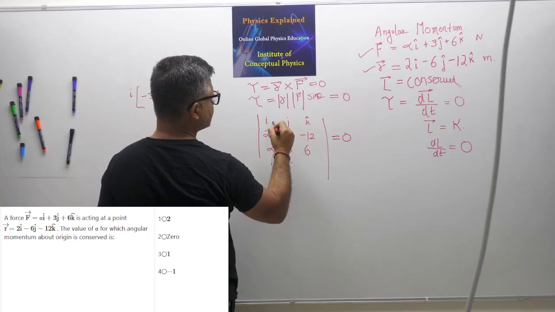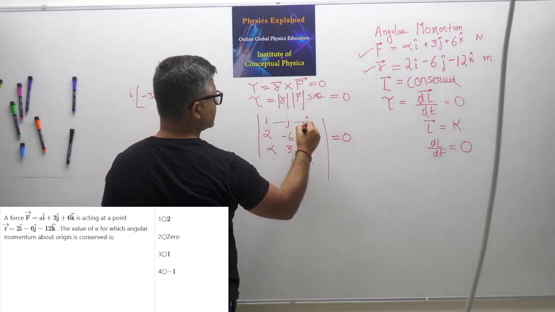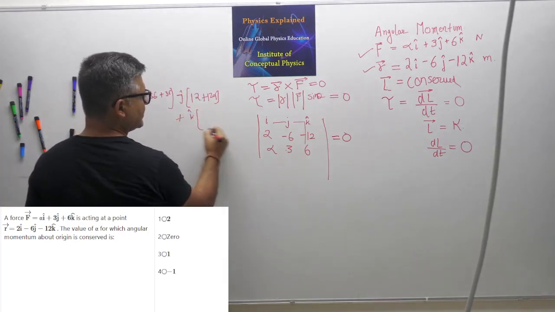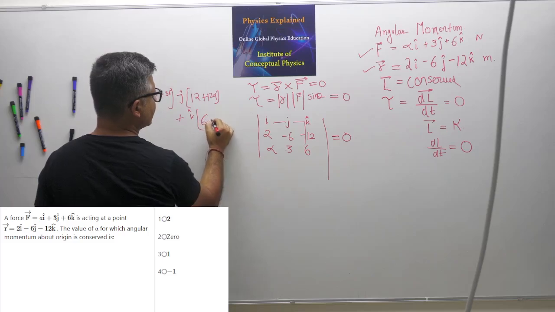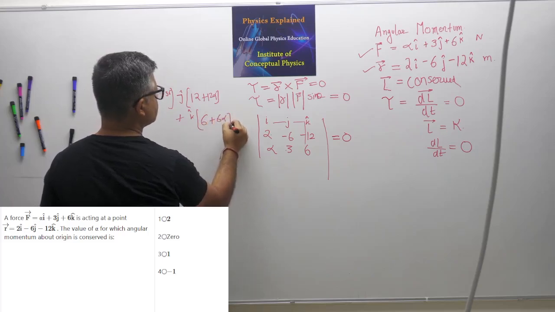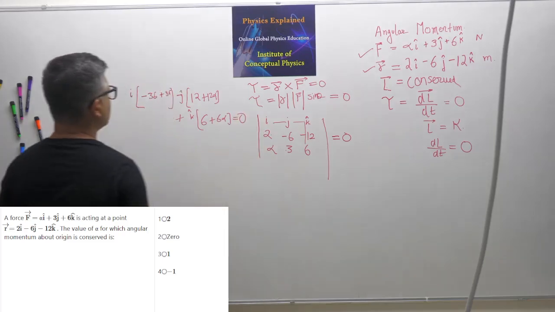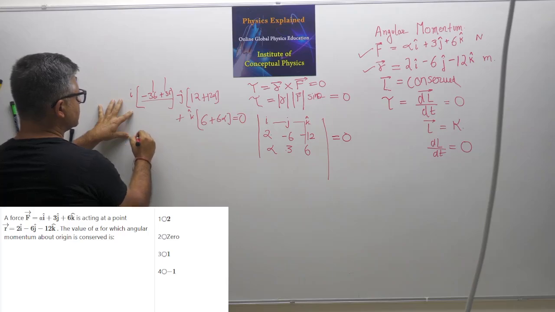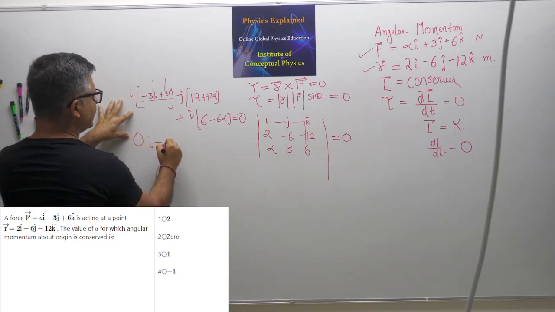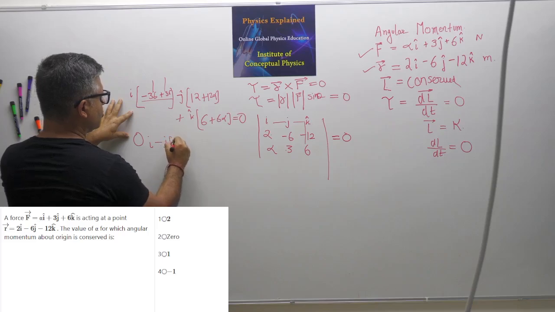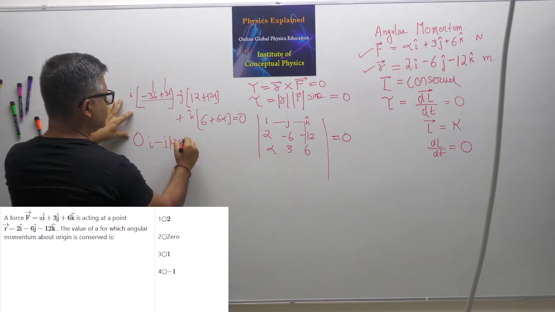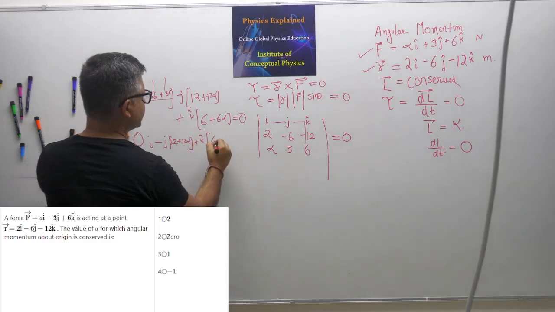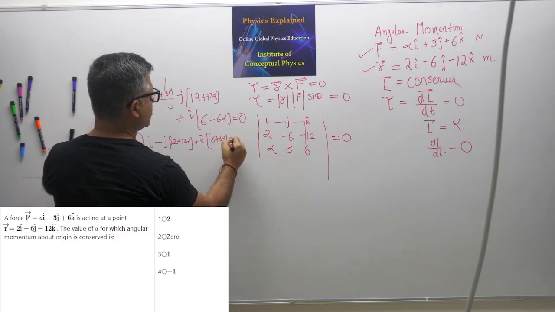So this is plus k, and 3 twos are 6, 6 plus 6 alpha is equal to 0. So this is 0i, minus j times 12 plus 12 alpha, plus k times 6 plus 6 alpha is equal to 0.